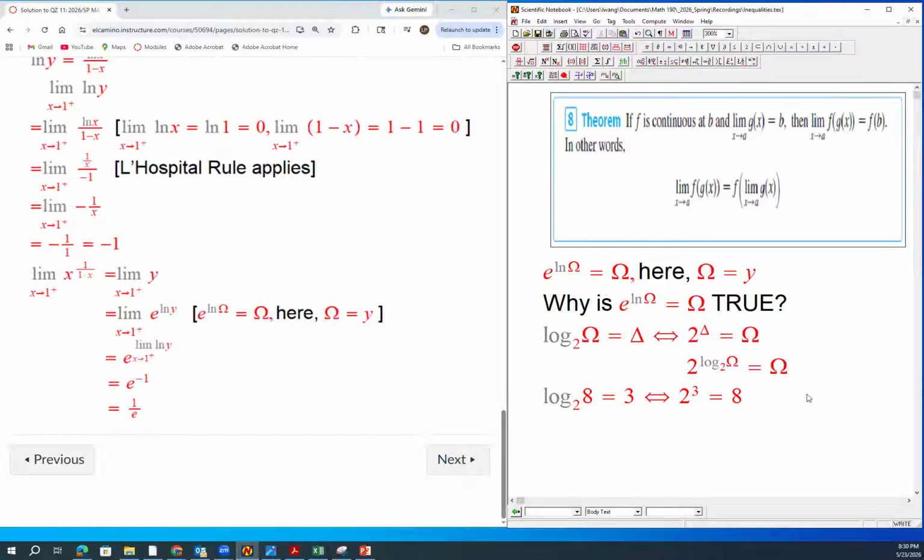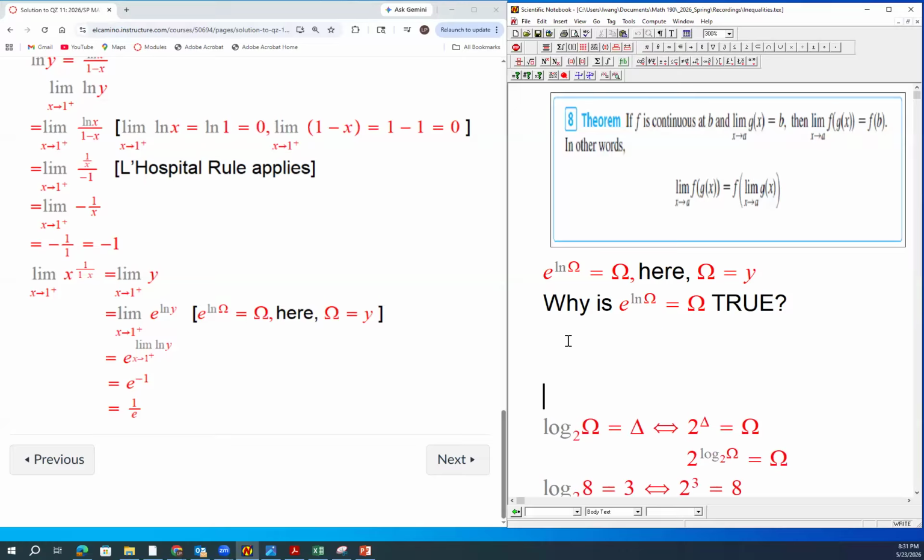So that's going to be a logarithm identity. Now, this is for base 2. What if it's for base e? Suppose I change the base to log base e.